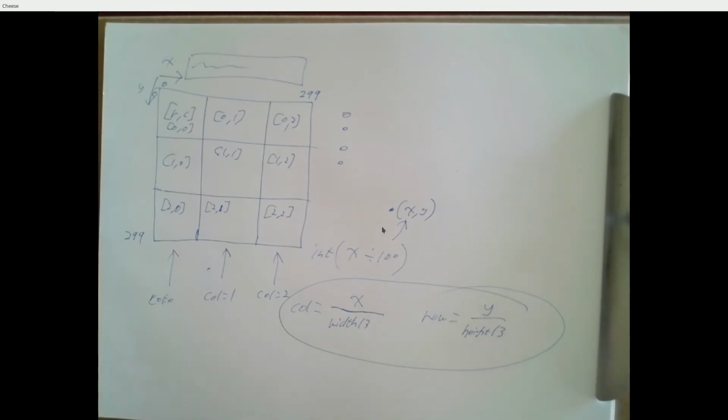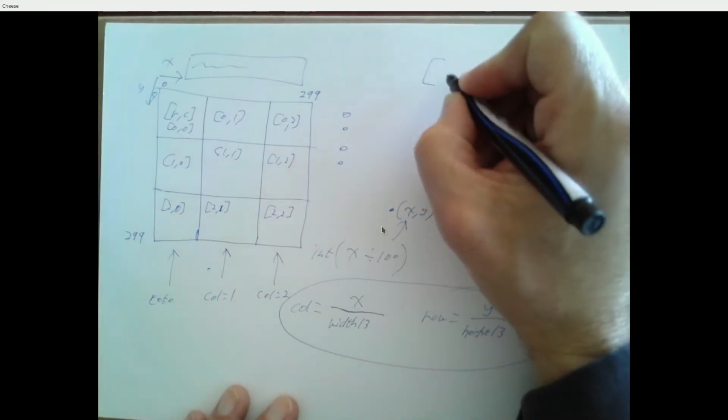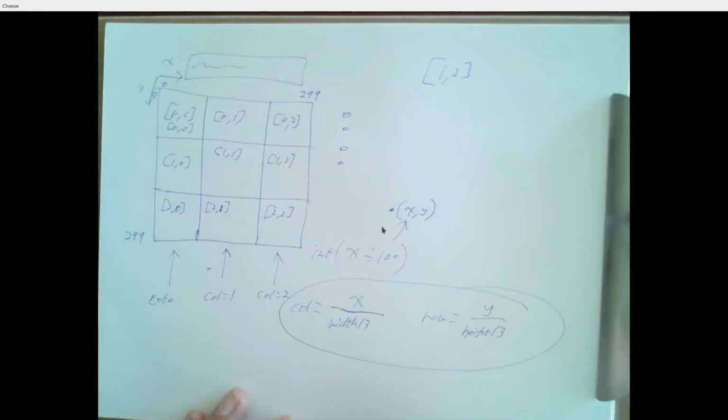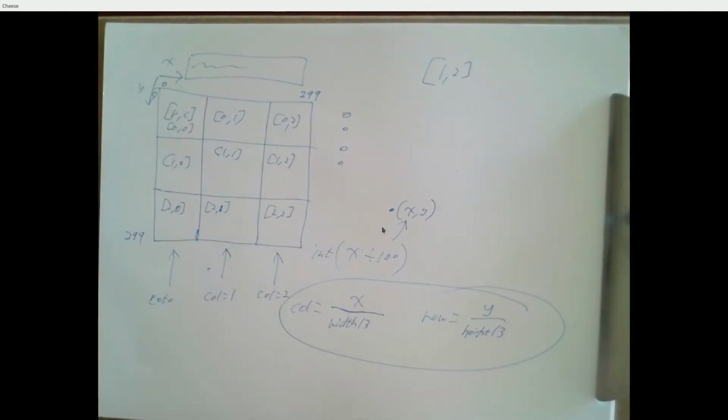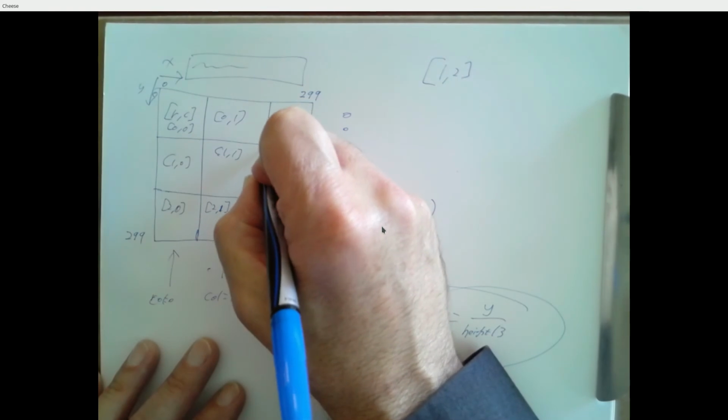Now the other direction, if you want to draw a circle in, say, box 1, 2, you got to find the coordinates of this box, and that's just multiplication instead of division, right? So which coordinate do we want? Maybe the upper left.